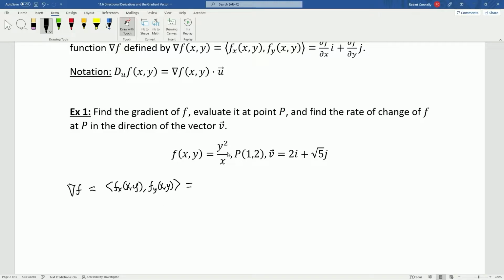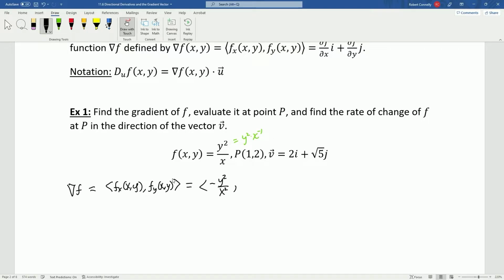Okay, so if I just rewrite this function a little bit, y squared times x to the negative first, that's going to make it easier to take this partial derivative with respect to x. So we get negative 1 times y squared times x to the negative second, so that's negative y squared over x squared.